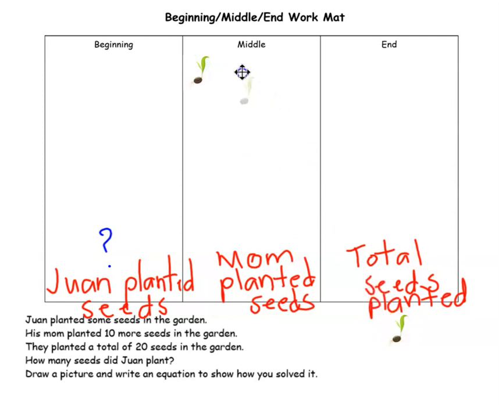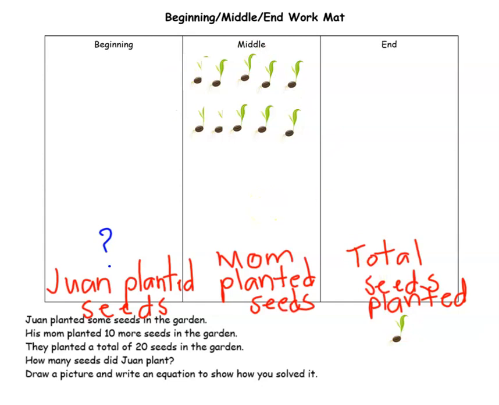So his mom planted 10 more seeds. So let's count 10 seeds for Mom. 1, 2, 3, 4, 5, 6, 7, 8, 9, 10.